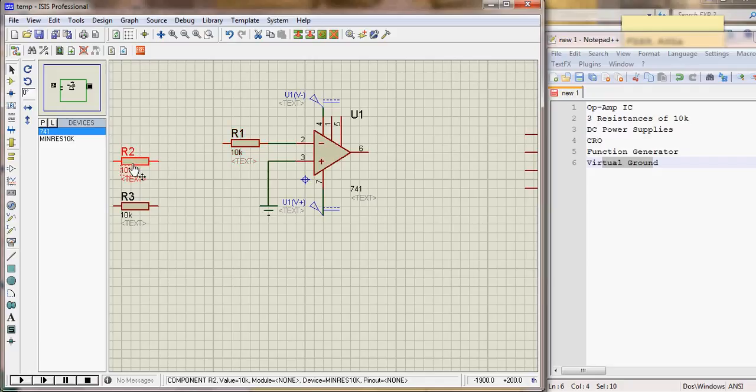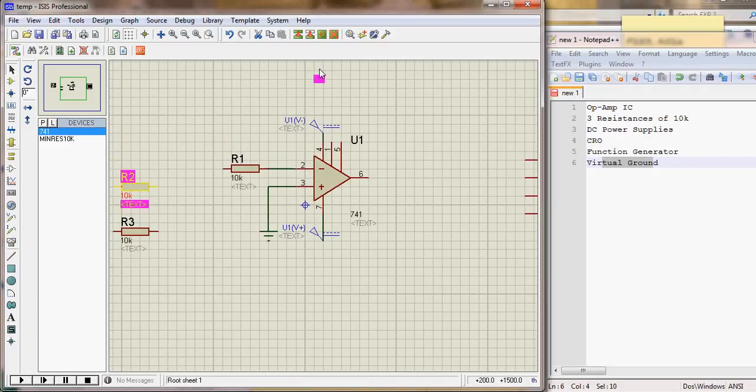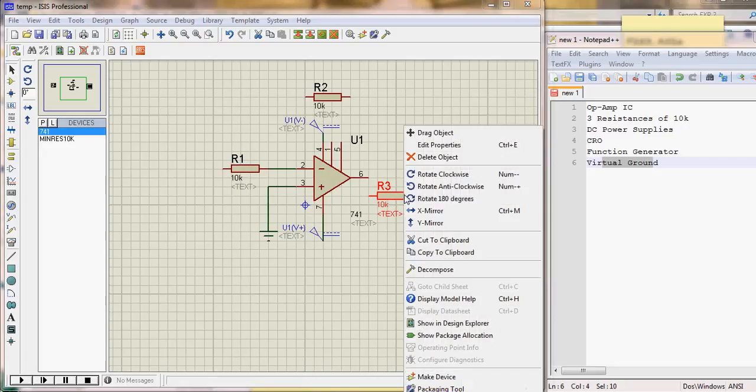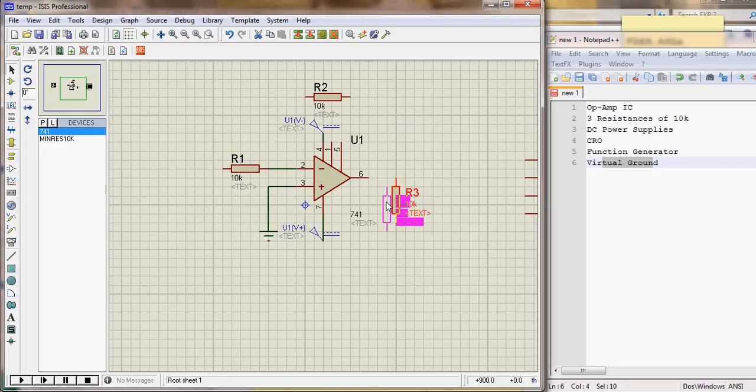Another resistance is for feedback. This resistance is for loading purpose. Rotate it with 180 degree. Sorry, 90 degree. Another terminal is grounded.